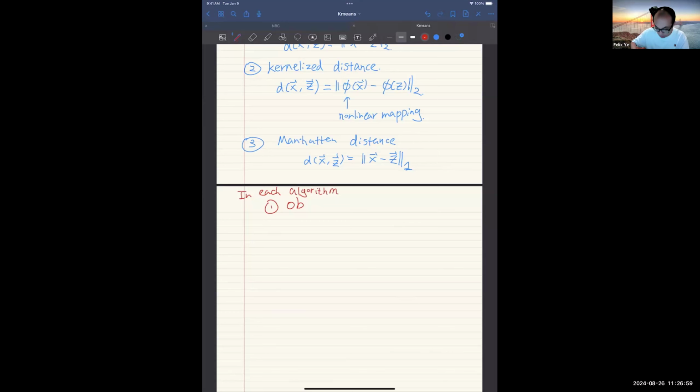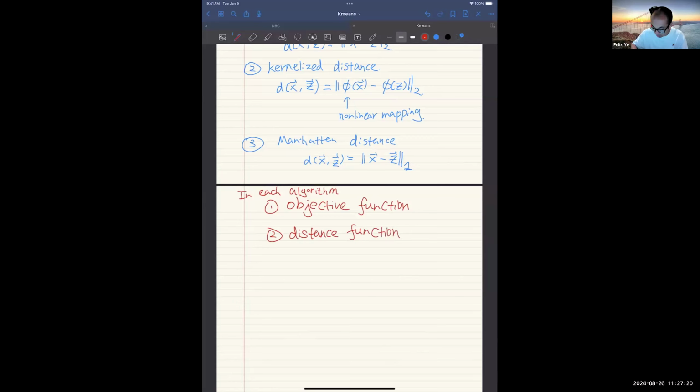The second thing is you need to define the distance functions.